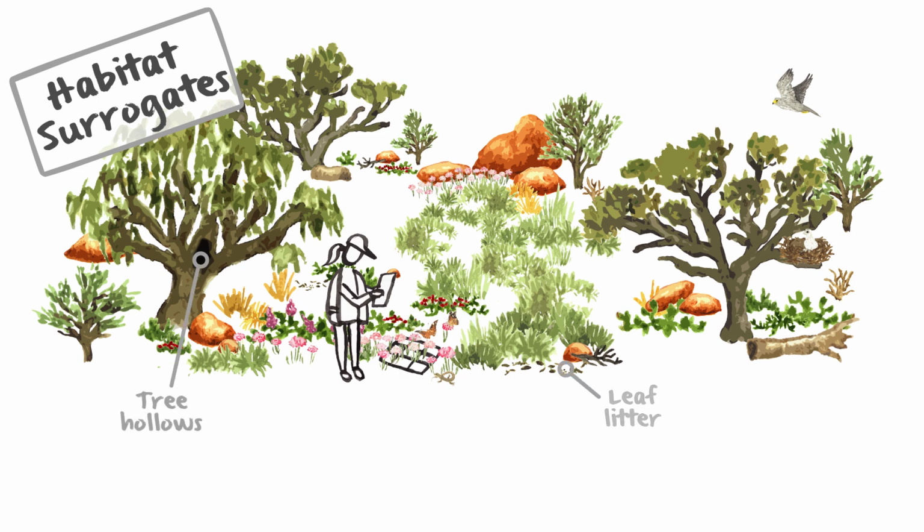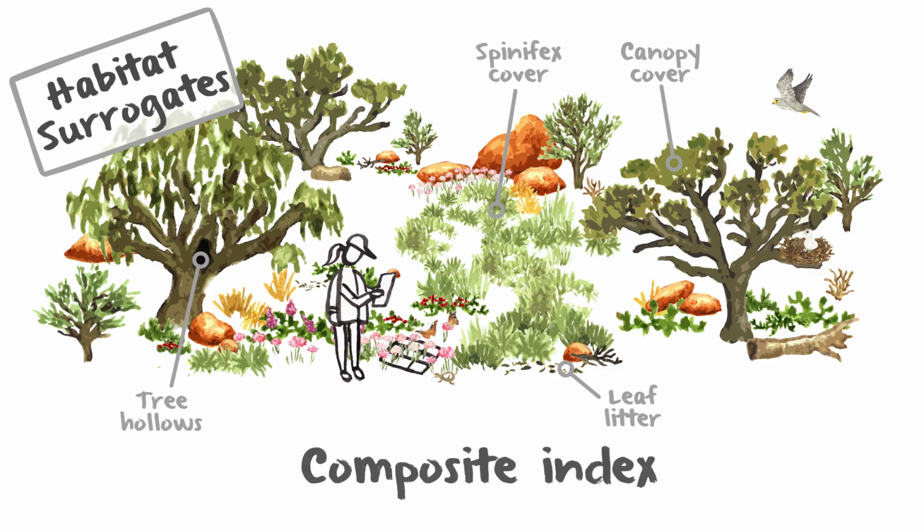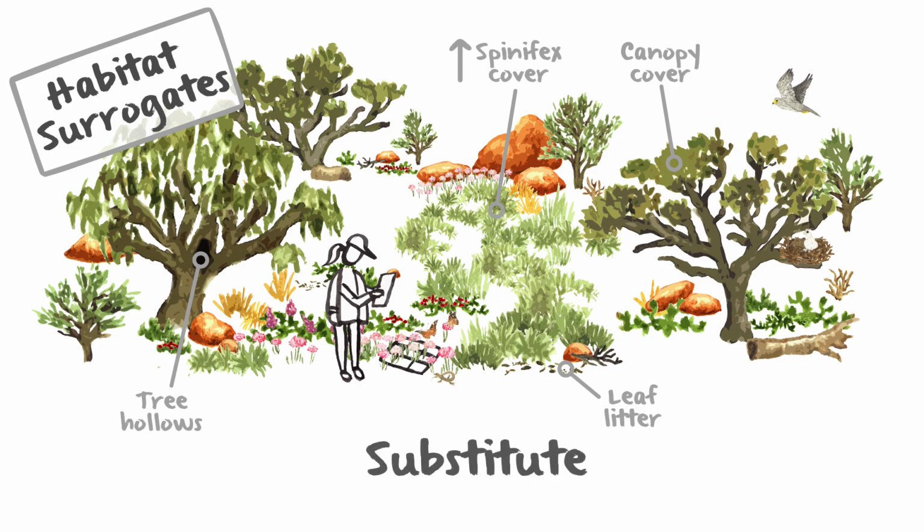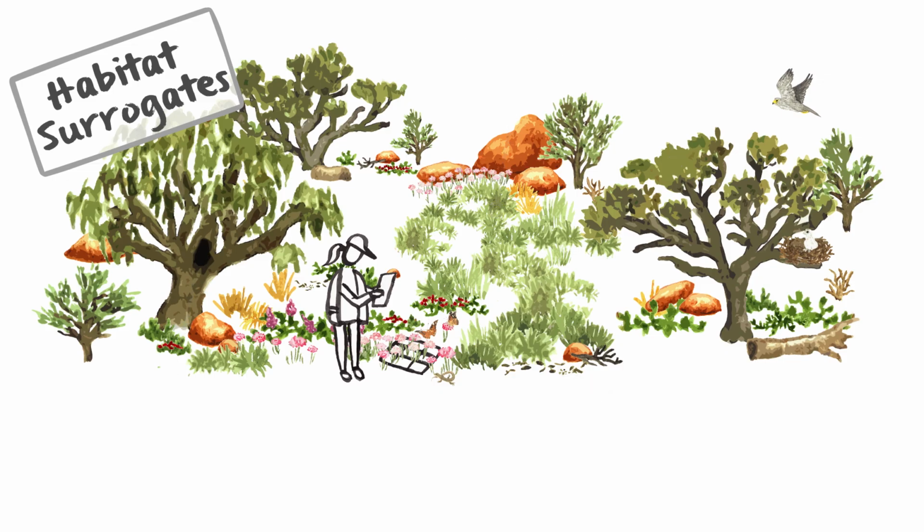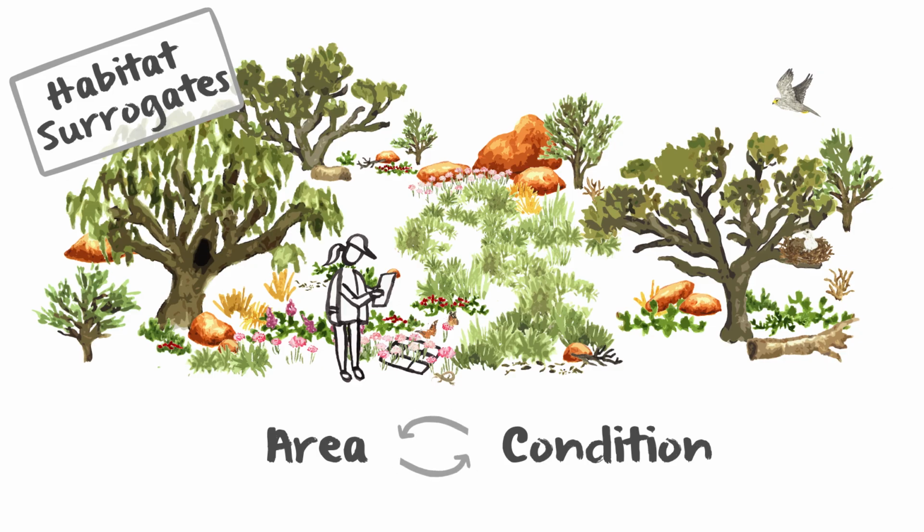Also, when many different habitat attributes are combined into one composite index, it's possible that an increase in one element of the index can substitute for another element, even if both elements are equally important. Also, in a weighted area index, area and condition or quality can be substituted for one another.